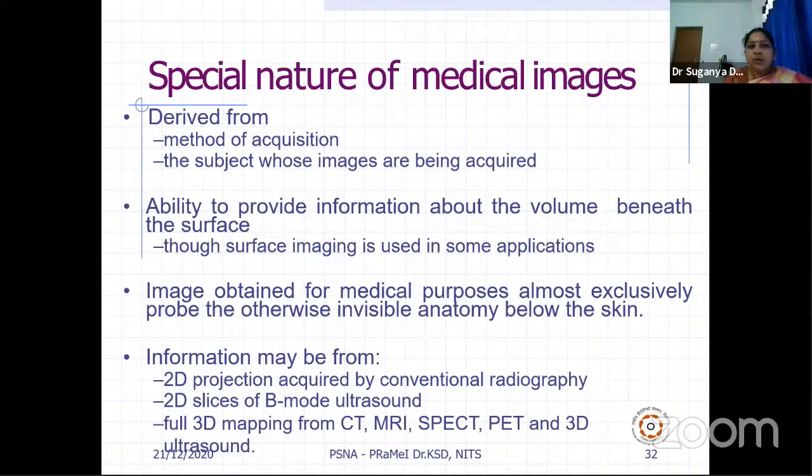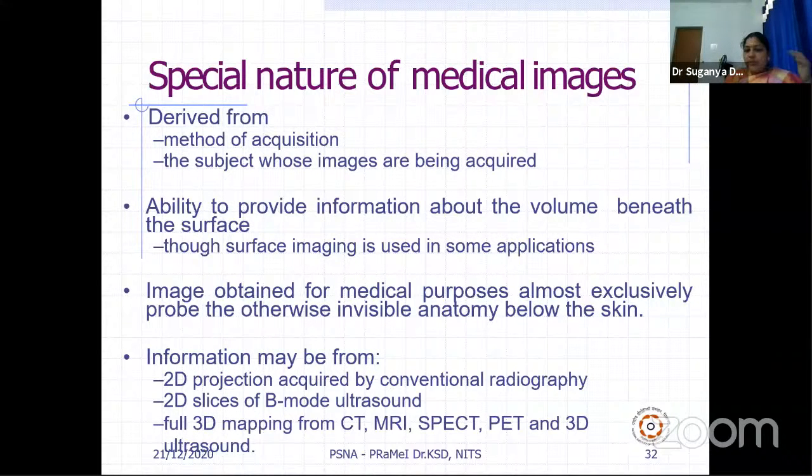So this is the method of acquisition, and the subject whose images are being acquired, and the ability to provide information about volume beneath the surface, not only the 2D surface. From 2D, now we are implementing algorithms to generate the 3D view of those things. Surface imaging is used in some applications.